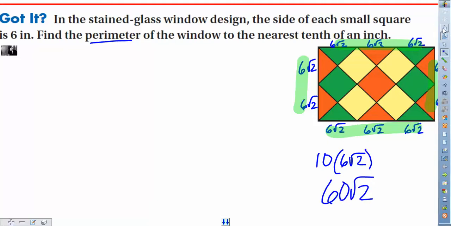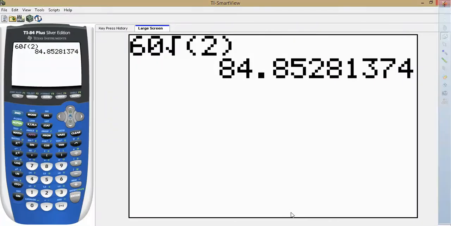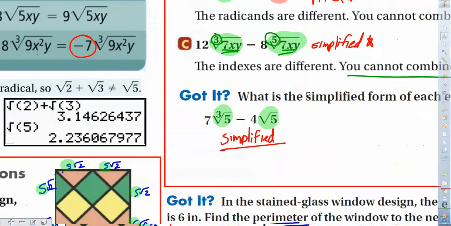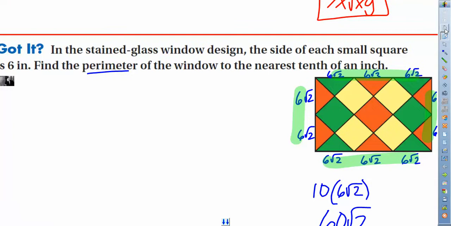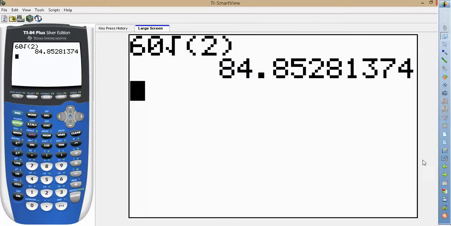And we want the decimal answer there. Let's go ahead and get that. Alright, so there you have it. 60 times the square root of 2, 84 point something. To the nearest, how many decimal places do we want here? Let's go back here. Was it just the 10th? Yep, nearest 1/10 of an inch, so 1 decimal place, so that would be 84.9, right?